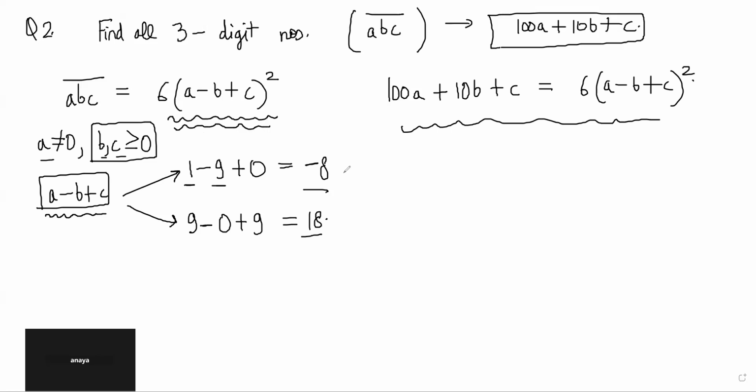Now we can see that the square of this is 64 and the square of this is 324. So 6 into 64 and 6 into 324, something like this.